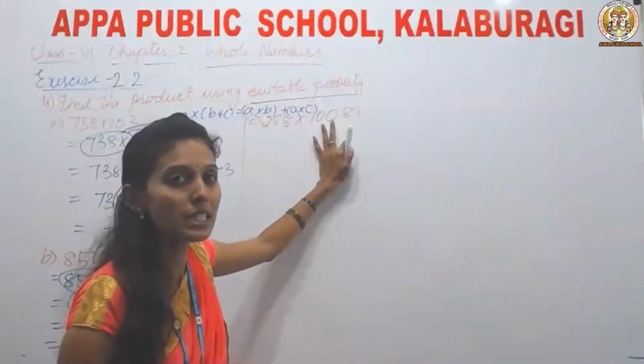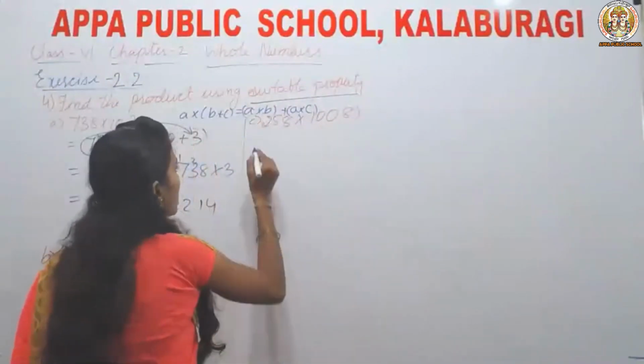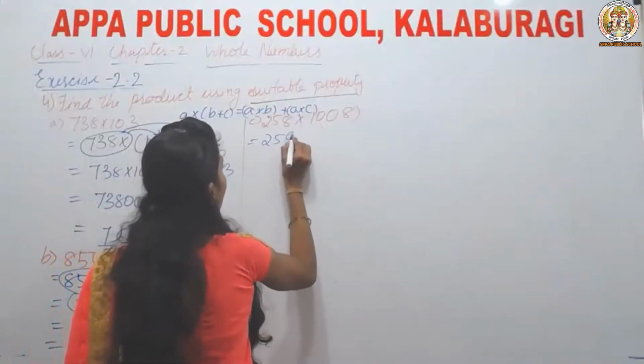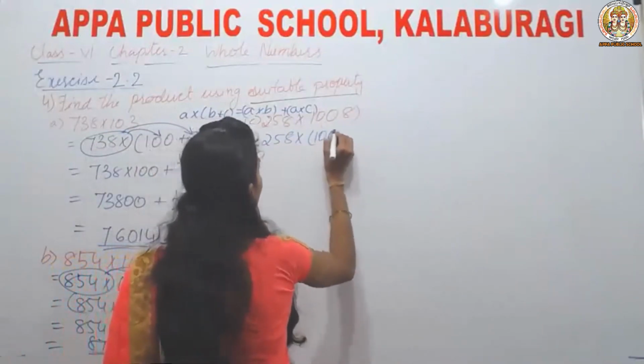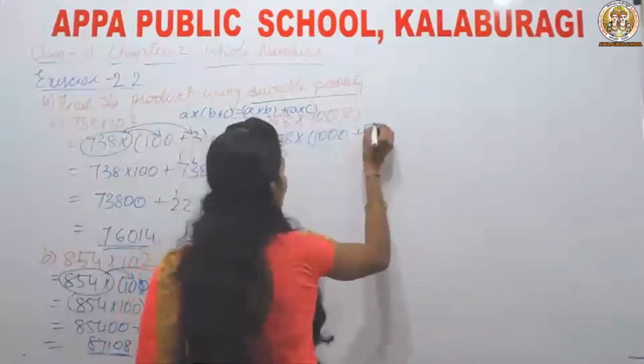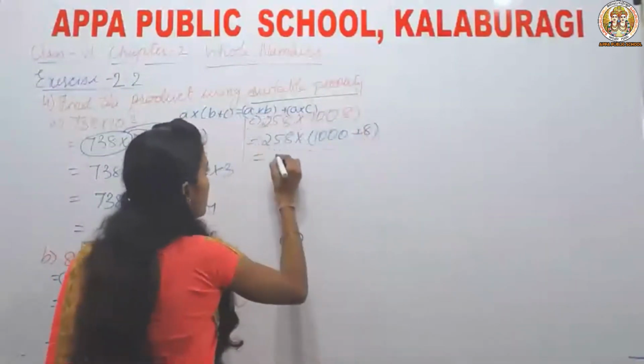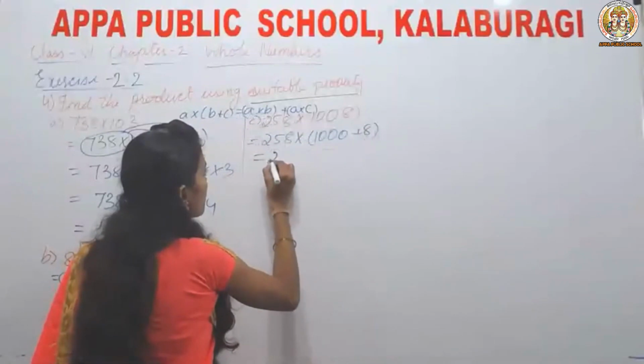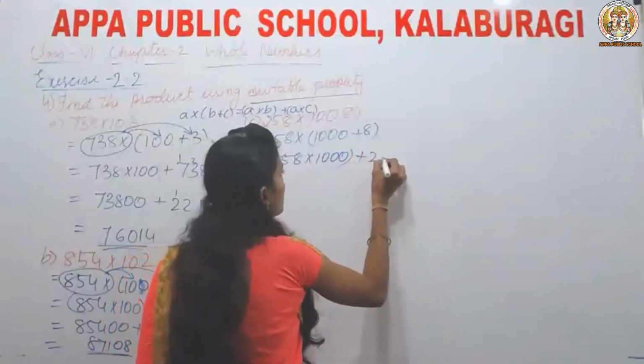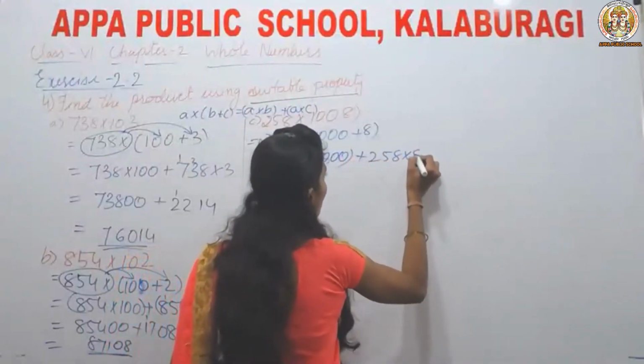So it is better to split this one, right? Therefore, 258 into 1000 plus 8. Now, distribute. 258 into 1000 plus 258 into 8.